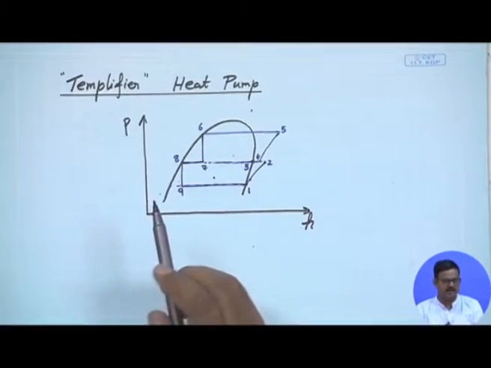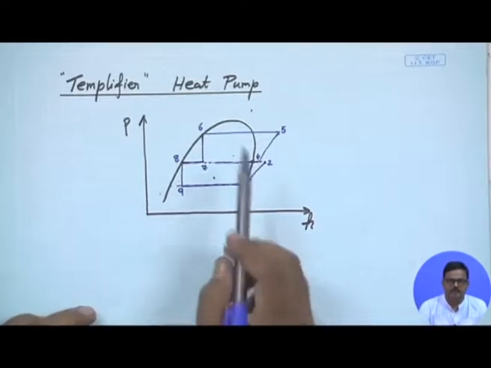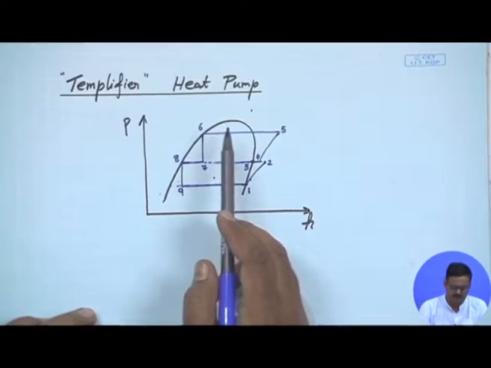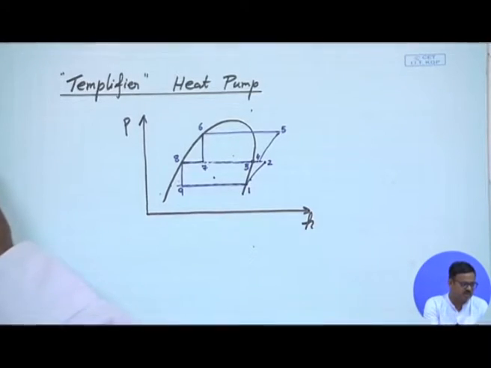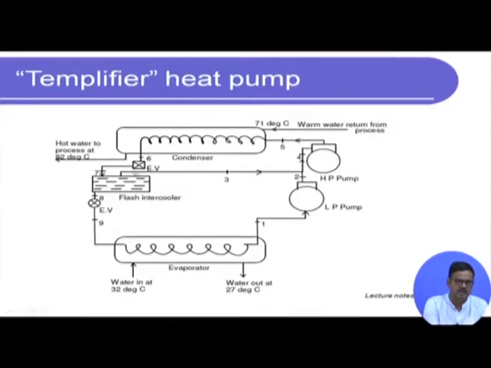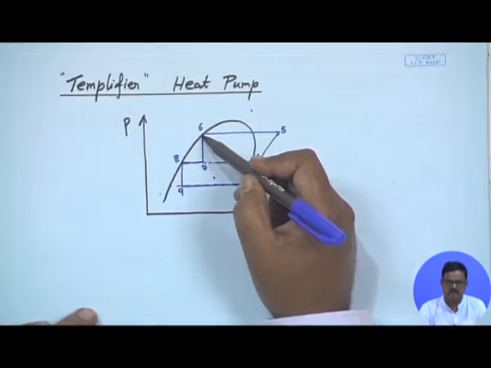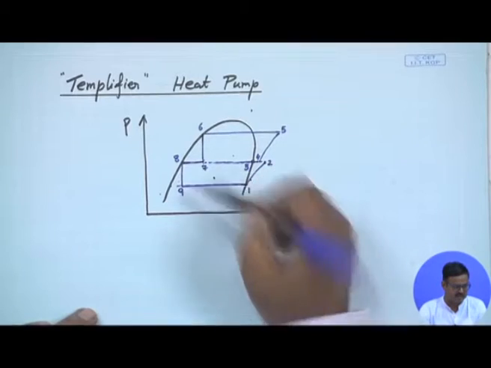Okay. So, once again let us correlate. The 6 is going to be the exit of the condenser, which is what is seen over here. 7 is the exit of the first expansion valve. Okay. Then 8 is the entry to the second expansion valve, 9 is the exit of the second expansion valve. So, 6, 7, 8, 9, and which is what we have seen here, 6, 7, 8 and 9.